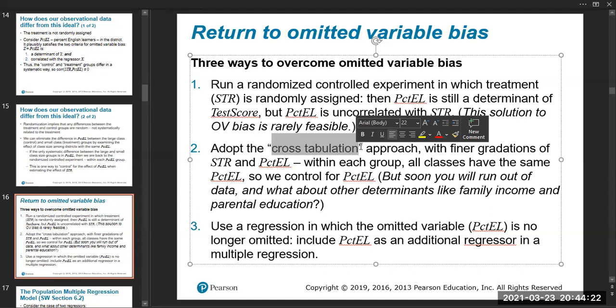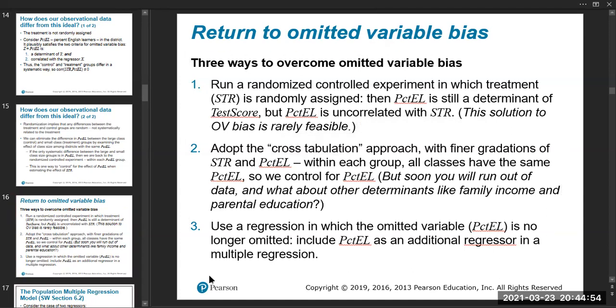Think of that as assigned, but with a pattern which is related to English learners. And English learners happen to affect our Y variable, which is test scores. So we did not have an experiment, and our condition is not close to an experiment as well. That's the basic conclusion we reach here.